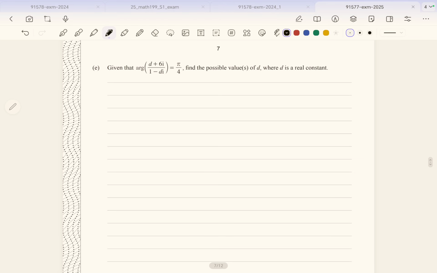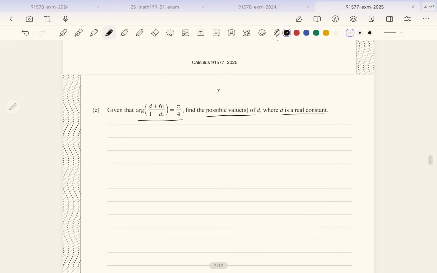Finally, we are given that the argument for this expression is equal to pi/4, and we need to find all possible values of d, where d is a real constant. For the first part, you need to realize that in this expression the denominator is i, and we usually don't want i in the denominator. The way to get rid of it is called rationalizing the fraction.